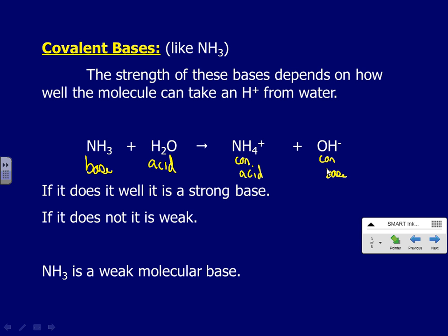That's a strong base. But if it's not very good at the game, let's say the OH is better, sneaks up on it, takes the H back, that means all of this OH that was formed is going to be turned back into this, and we're not going to have very much OH existing because it's taken the H back.